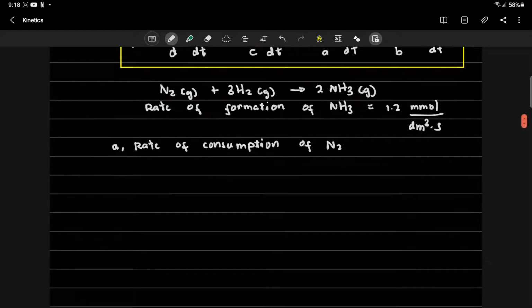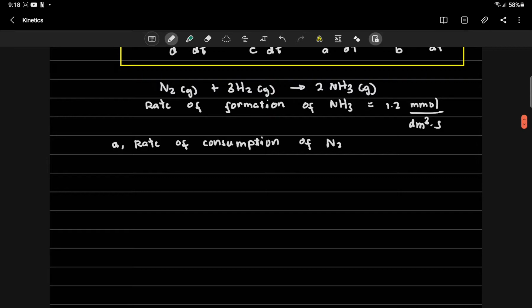So what I will do first is transform this reaction right here to a much simpler form. Instead of writing their formulas, I would just write here A plus 3B forming a product C. And from this reaction, we can now relate their rates, like the rate of formation of C or the rate of consumption of A and B, as follows.